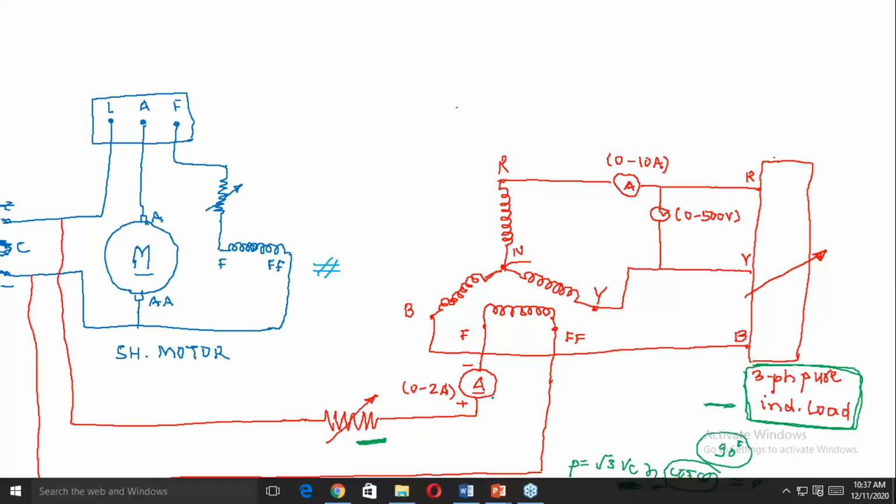You take the readings. The voltmeter should read rated terminal voltage, and the current meter should show rated current. So when the voltmeter and the current meter show rated voltage and rated current, you take these readings.